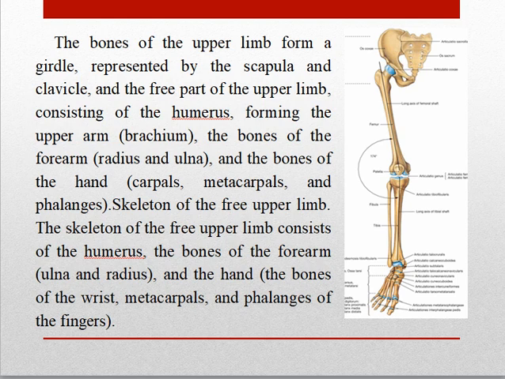The skeleton of the free upper limb consists of the humerus, the bones of the forearm, ulna and radius, and the hand, the bones of the wrist, metacarpals, and phalanges of fingers.